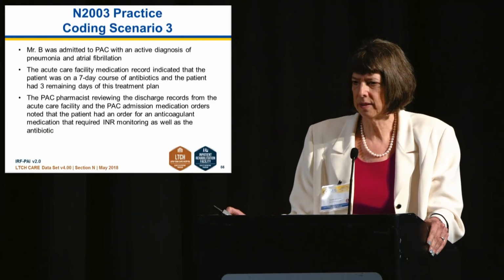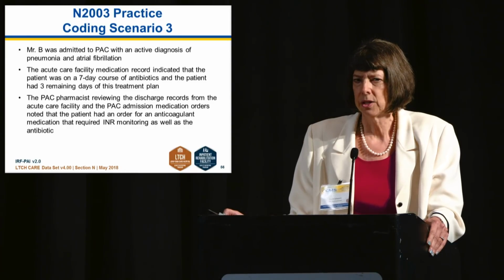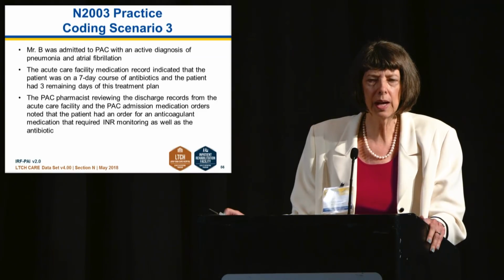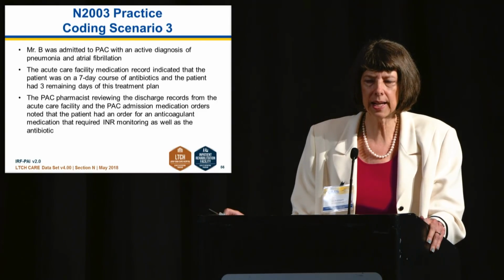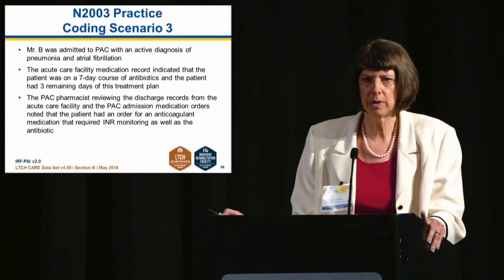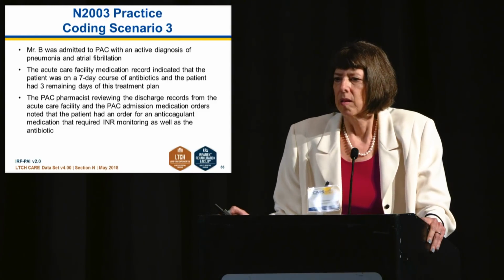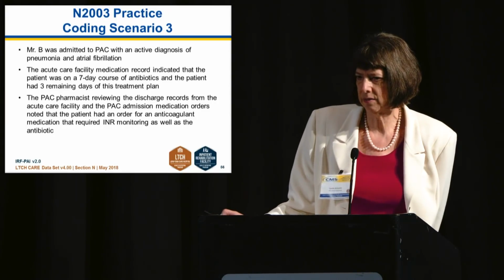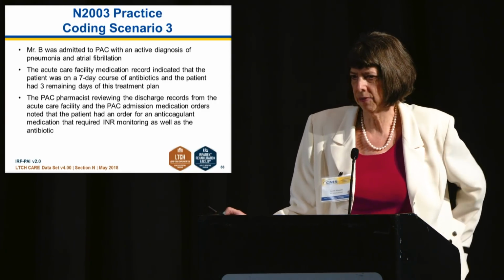And let's go to scenario 3 then. So let's see what happens with Mr. B here. So this is N2003. This is the second question for admission, okay? Mr. B was admitted to post-acute care with an active diagnosis of pneumonia and AFib.